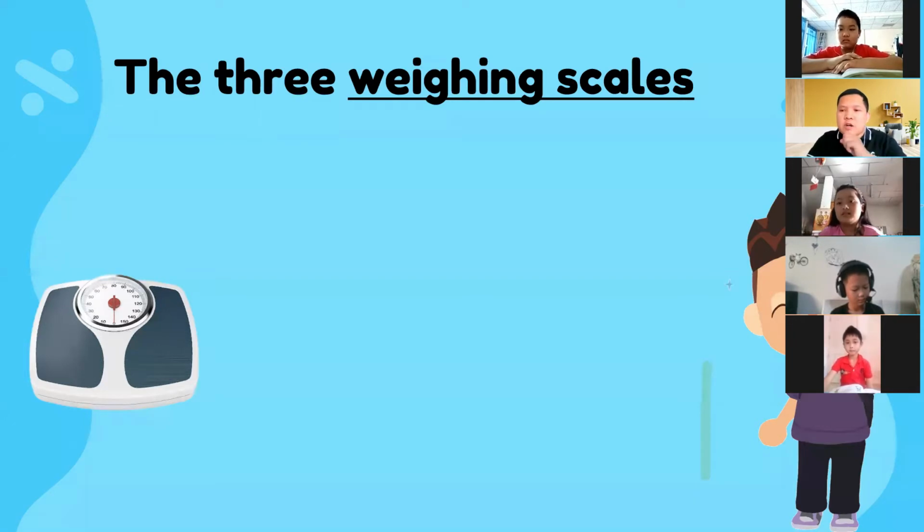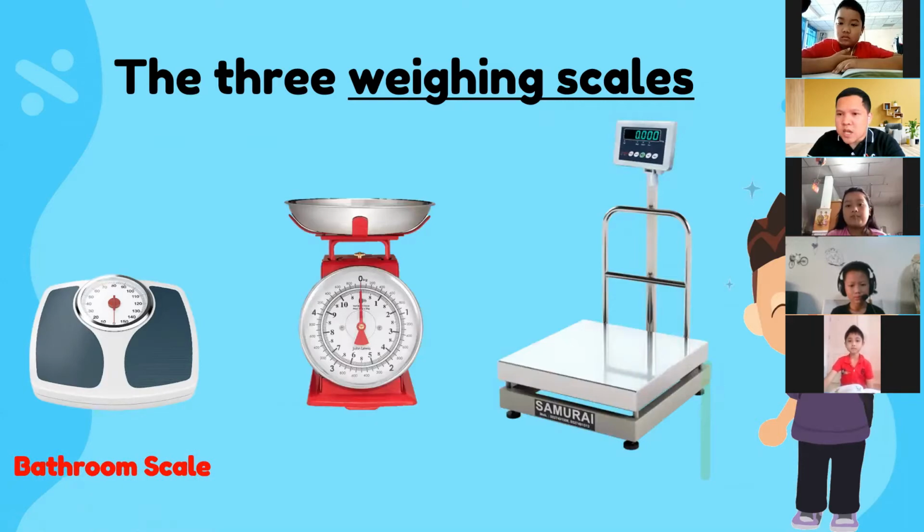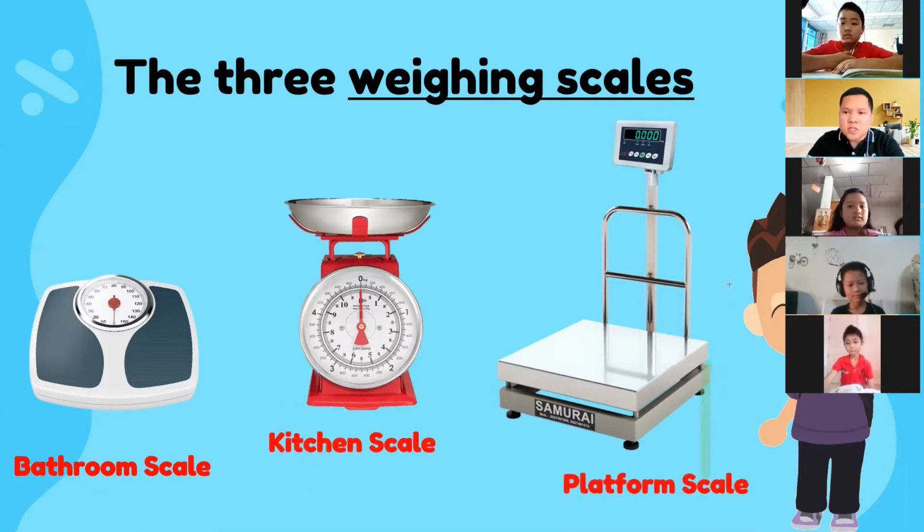Very good. So these are the weighing scales, class. You have the bathroom scale, the kitchen scale, and the platform scale. Very good, Satang. I will mute you now.